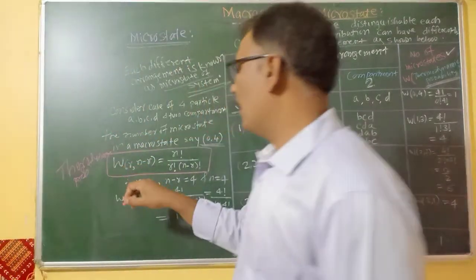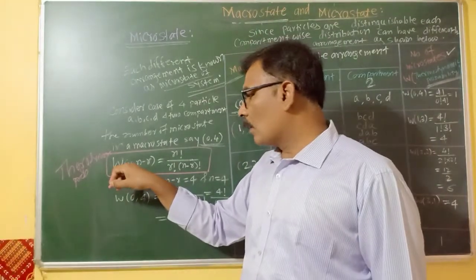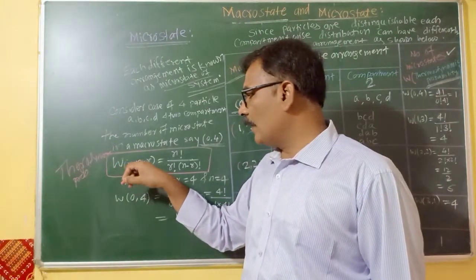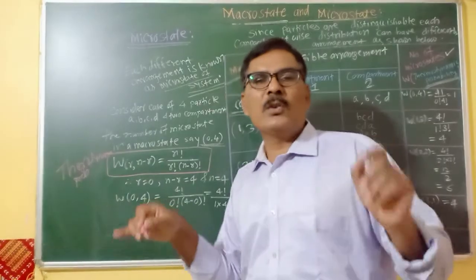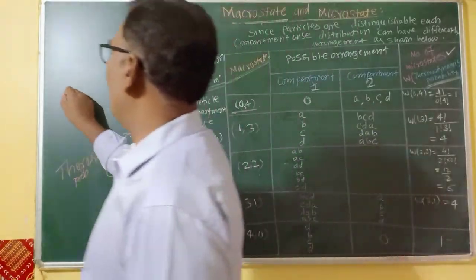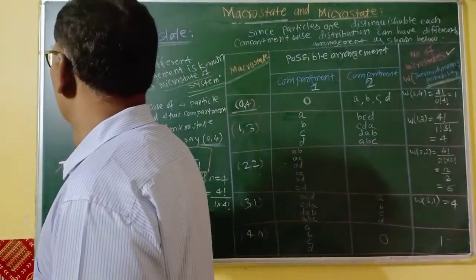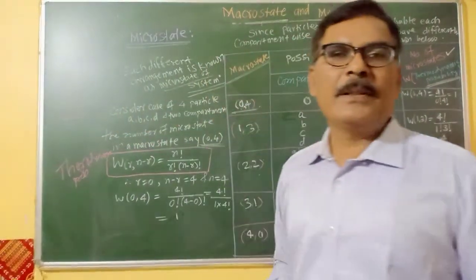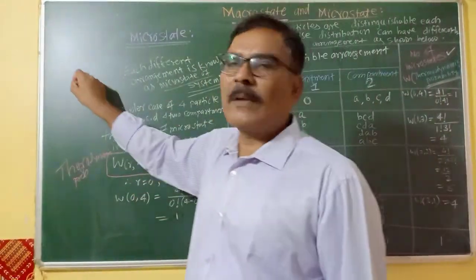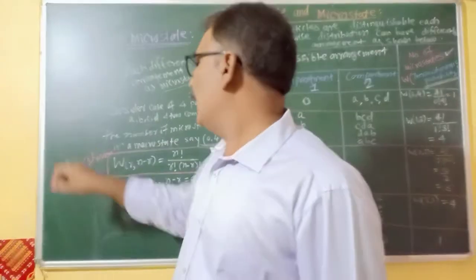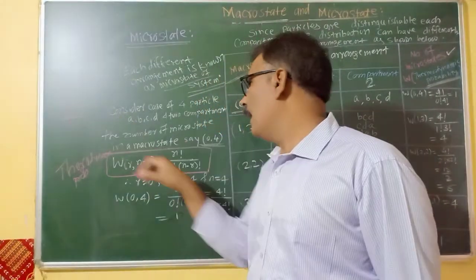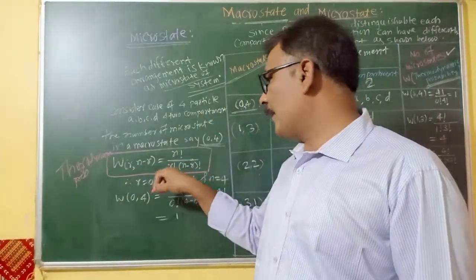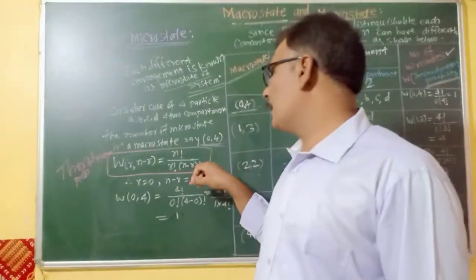Thermodynamic probability has the formula W(R, N minus R), which is also called NCR. In the last article we considered combination and permutation. The combination has a similar formula: n factorial upon r factorial into (n minus r) factorial.